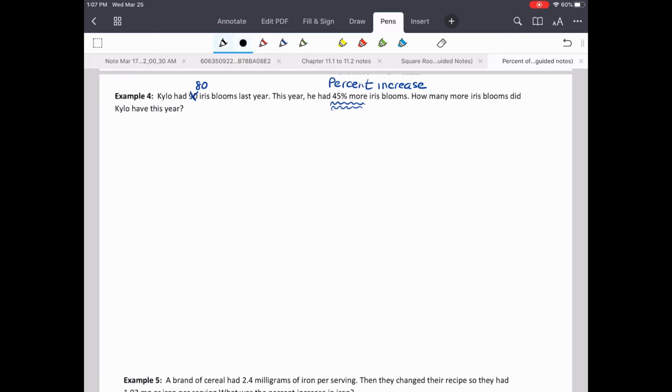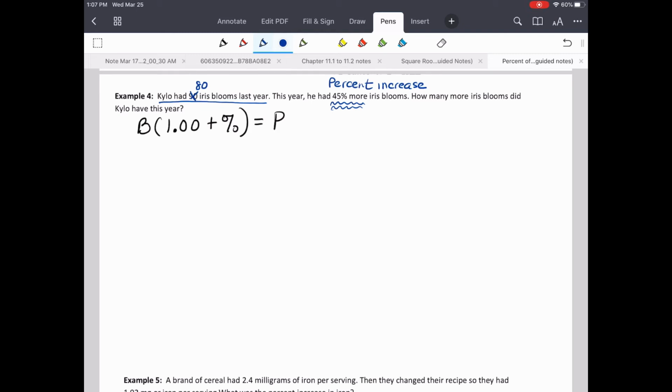So we're going to use the percent increase formula, or equation, I should say. So base times, this is always 1. I always write 1.00. Plus, since it's an increase, the percent, equals the part. And back to the wording of this problem, it says Kylo had 80 blooms last year, 80 iris blooms last year. That sounds like a before figure.